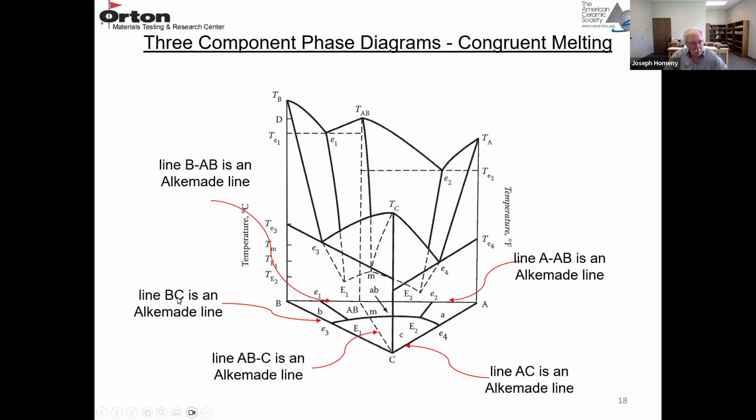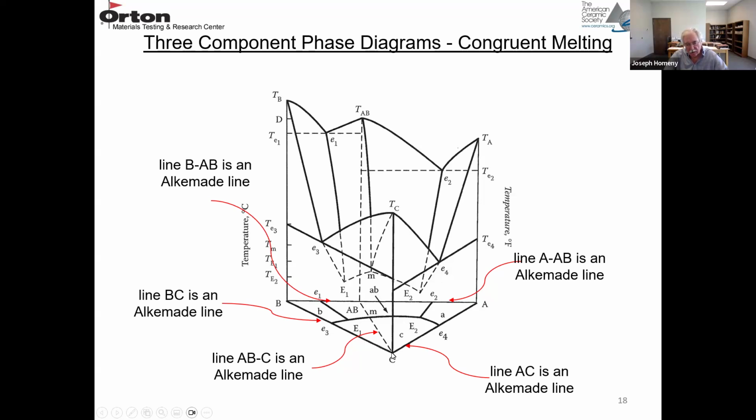So this line BC is an alkemade line. This line AC is an alkemade line. This line AB to C is an alkemade line, and so is this one, B to AB. They're all alkemade lines.